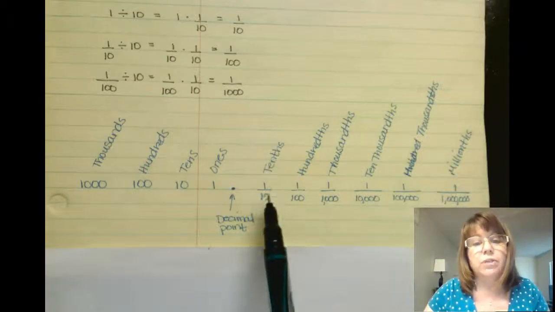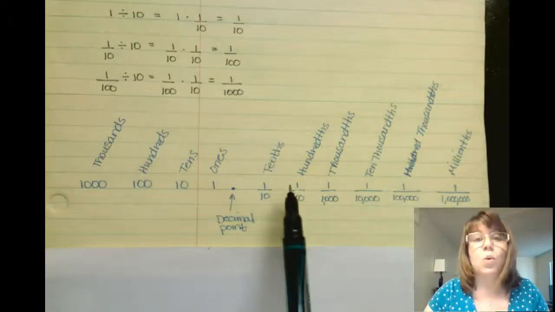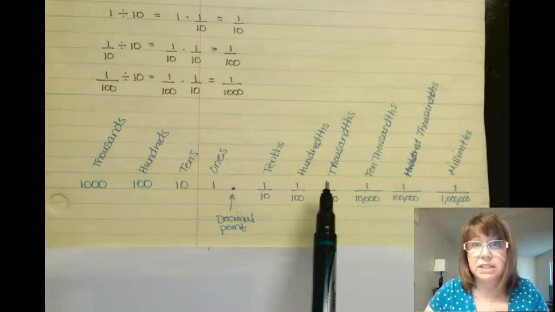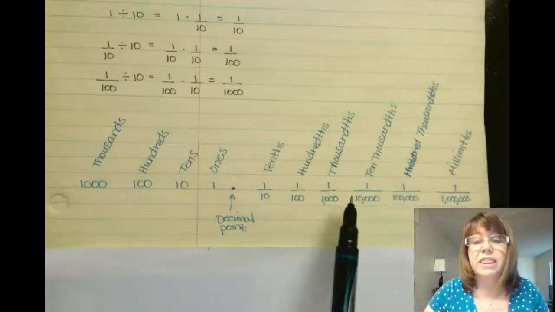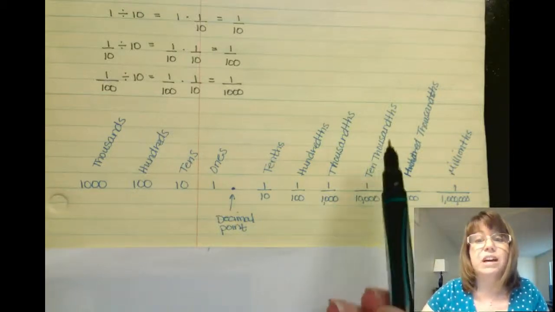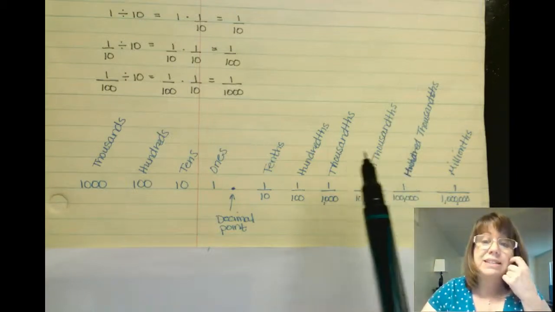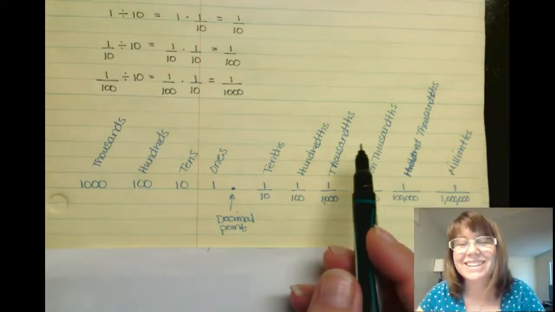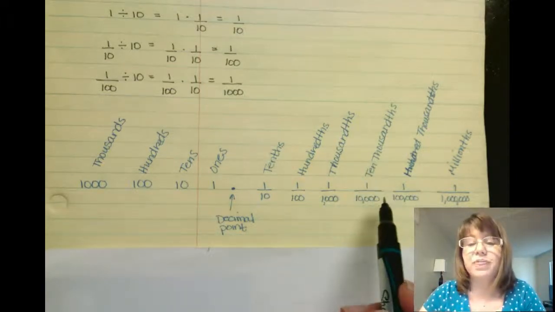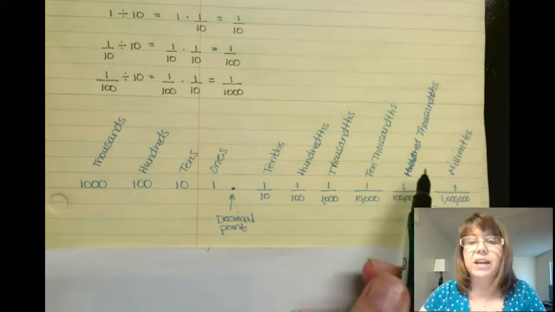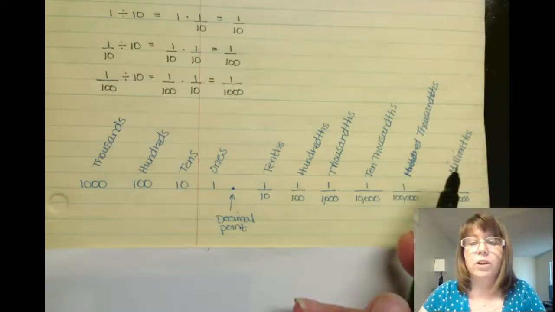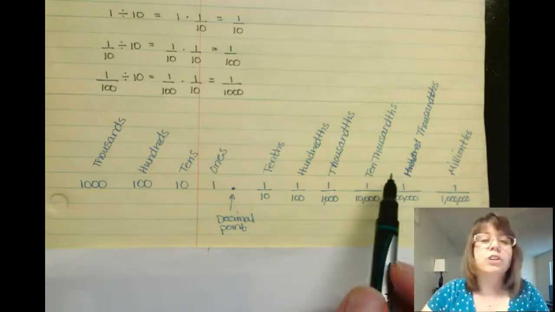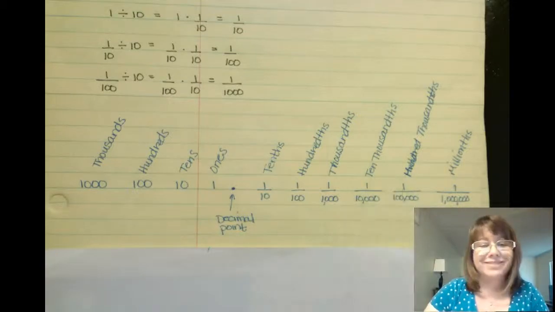And we go into 1 over 10, which is tenths, 1 over 100, which is hundredths, 1 over 1,000, which is thousandths, 1 over 10,000, which is 10 thousandths, and then 1 over 100,000 would be 100 thousandths, and 1 over 1,000,000 is 1,000,000th. So you kind of take the word and you add a th and you're good to go.